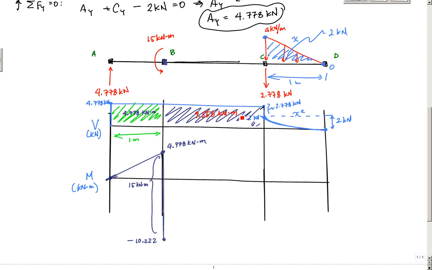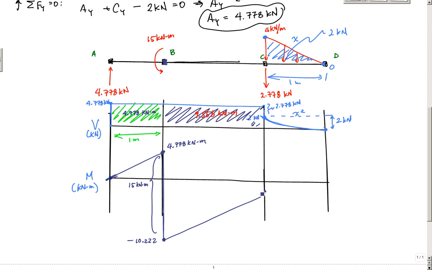So from this point going to the right, I'm going to jump up by this area, 9.556 kilonewton meters. That takes me to this point, which is 0.667.